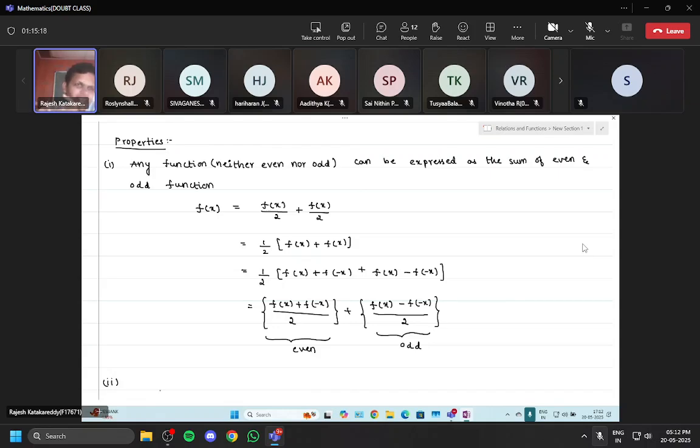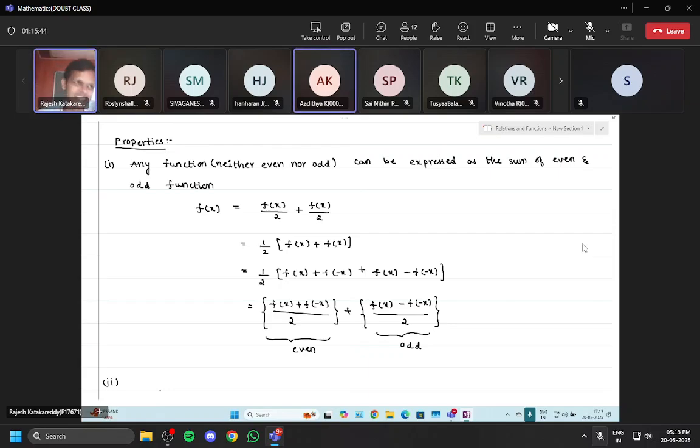So what I did, I multiplied and divided by 2, then I added and subtracted f of minus x. Any function. Sir, but by definition, it should be neither even nor odd. No, we will use this one in the neither even nor odd case.